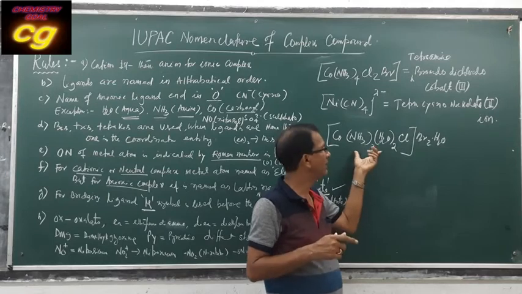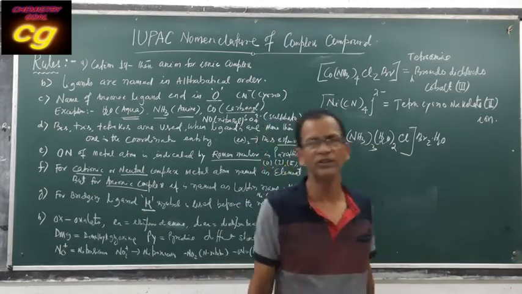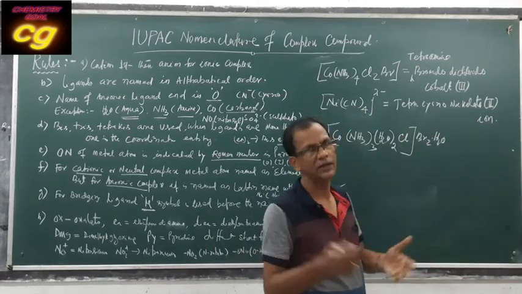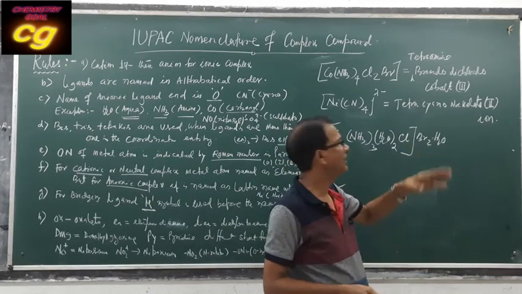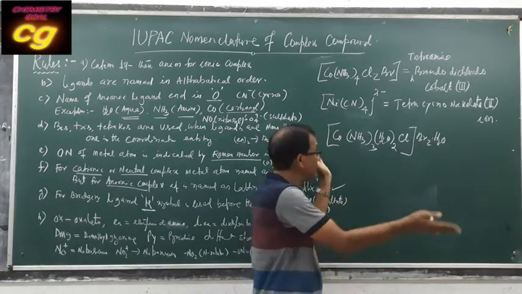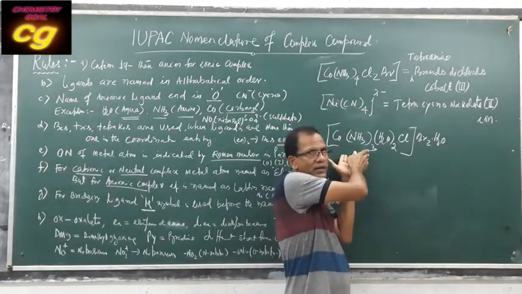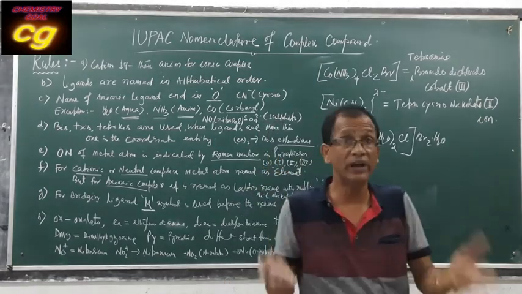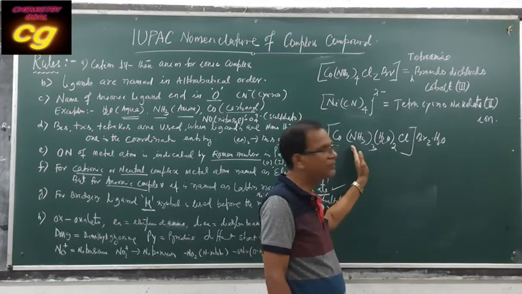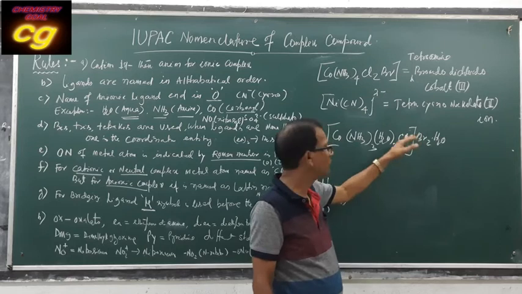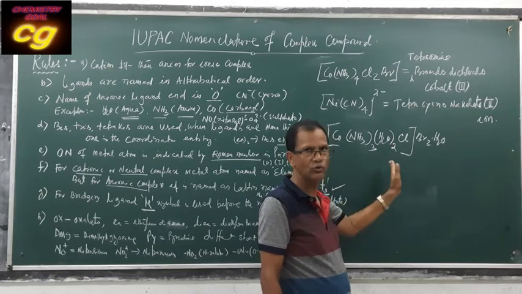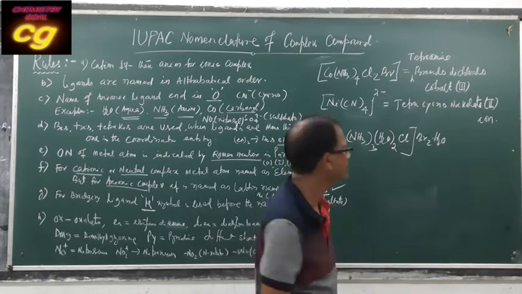It is very important. Outside the coordination sphere, it will be considered as negative ions. Negative ions means bromide, sulfate, NO3, that is nitrate, like this. But when written inside the bracket, the name will be ATO. That means bromido if it is inside, bromide outside; inside chlorine, chlorido; inside NO3 minus, nitrato, outside nitrate.